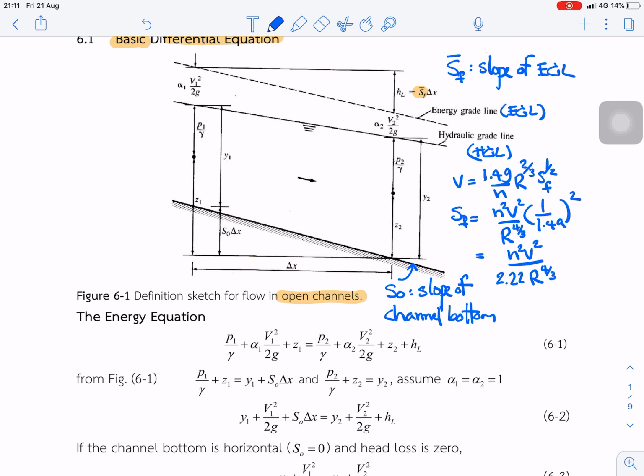That is the SF in English units, not SI units.